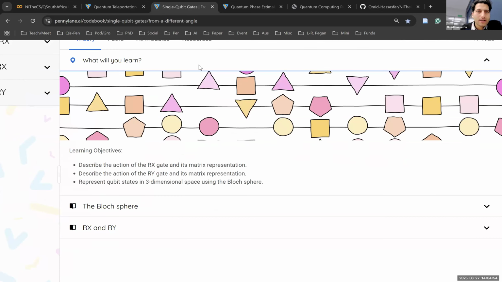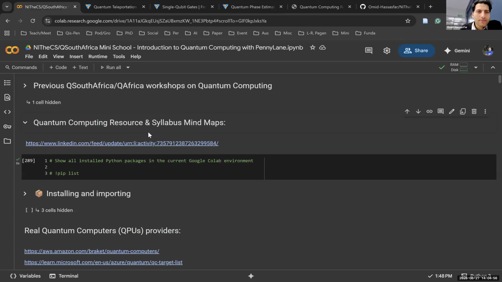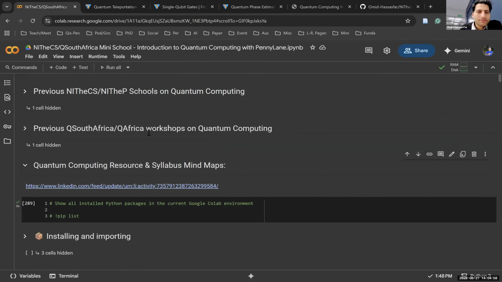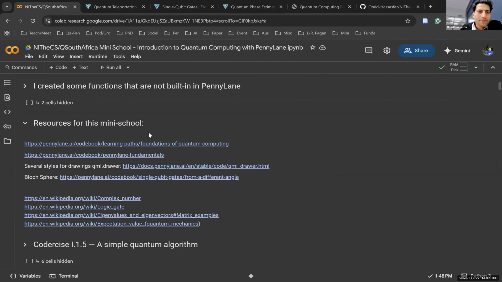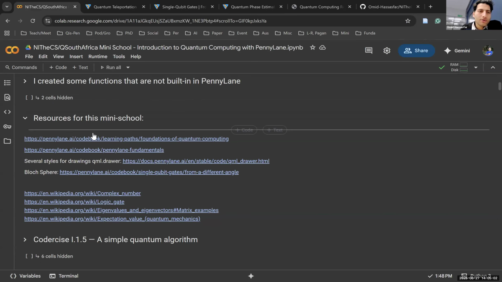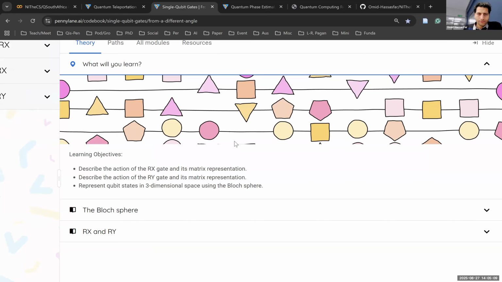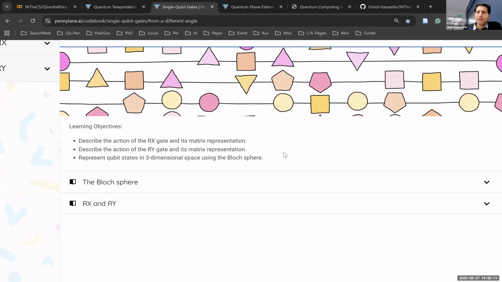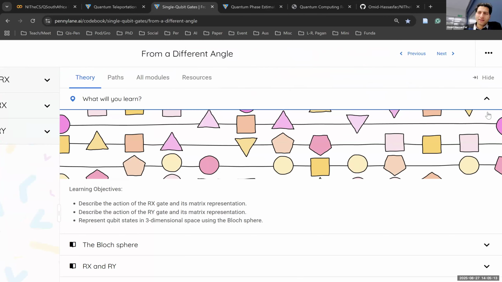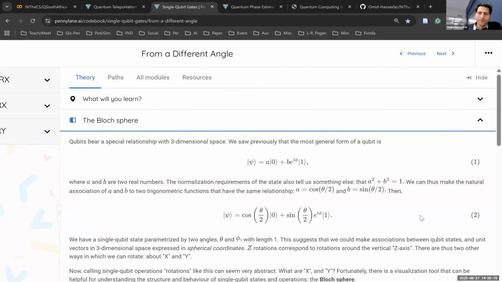I provided this link in the resources for this mini school. I added this Bloch sphere, but as I mentioned, this is not enough. So let me talk a few minutes about the Bloch sphere.